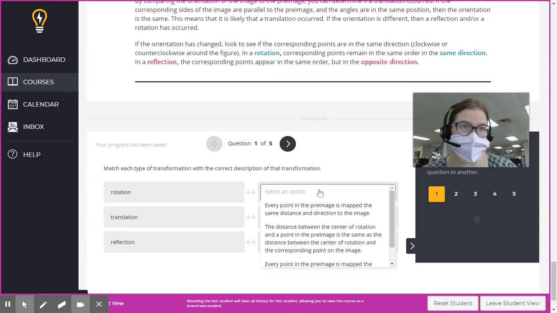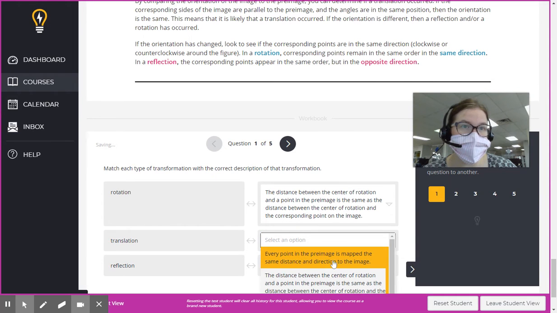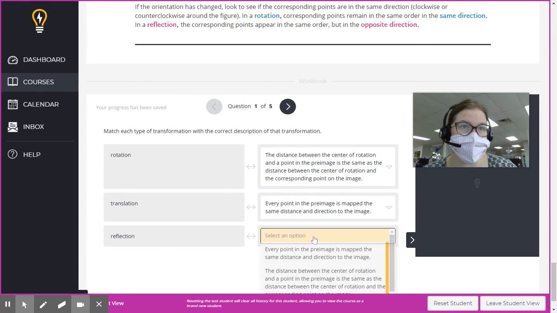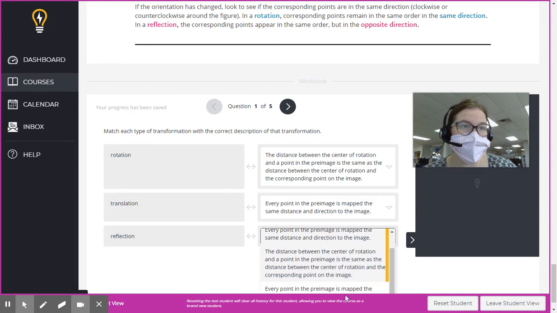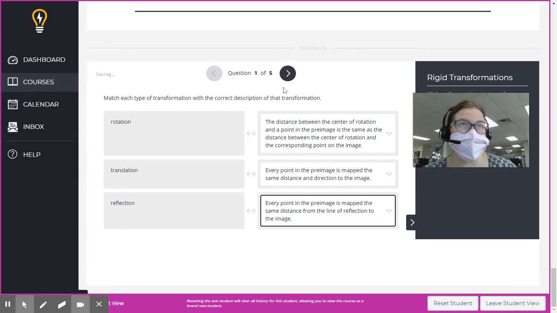So let's look here. Mapped in the same distance and direction. We're looking for center of rotation. Oh, right here, center of rotation. So that's it. Translation, same distance and direction. That's it. And then reflection would be pre-image mapped onto the line of reflection. We're looking for line of reflection.